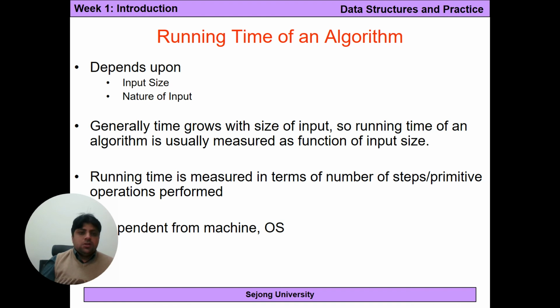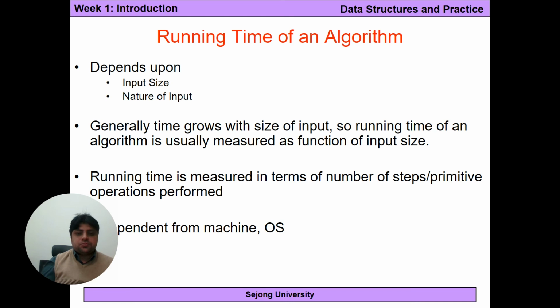Generally, time grows with the size of input, as I already mentioned. So the running time of an algorithm is usually measured as a function of input size. They are interdependent. Running time is measured in terms of the number of steps or primitive operations performed. How are we measuring the running time? Running time is basically the number of steps that the program will need to complete any job.